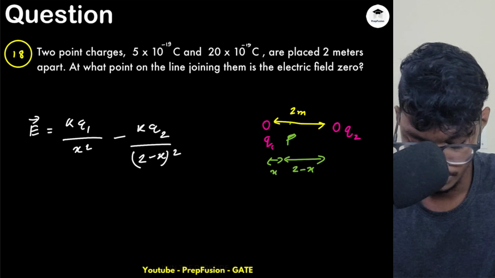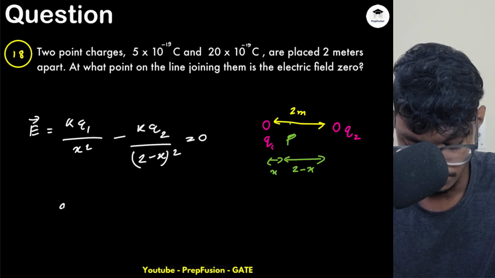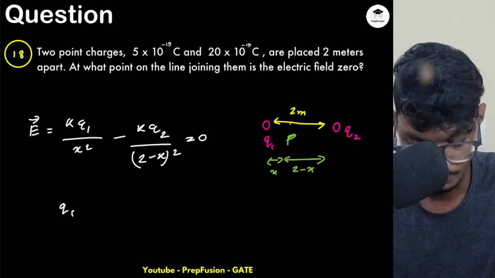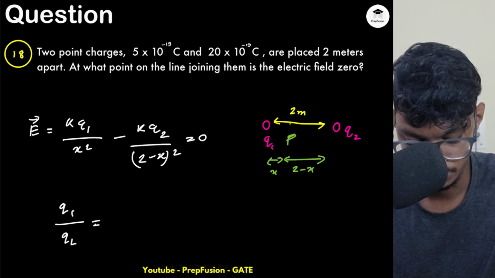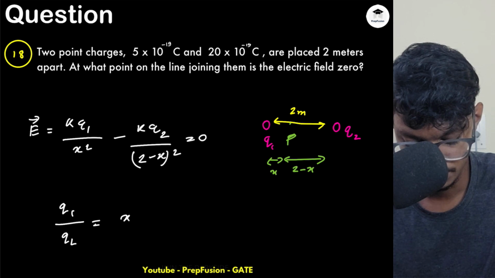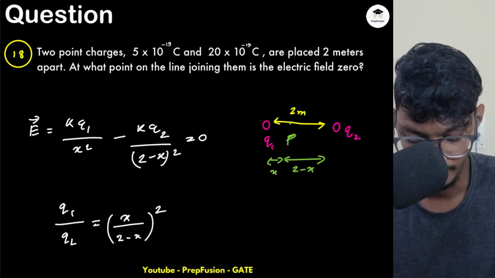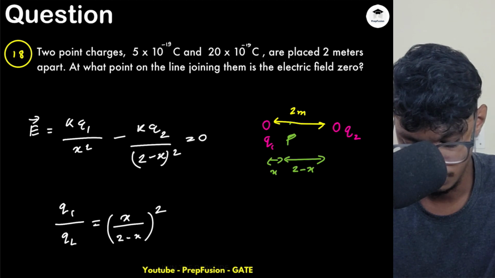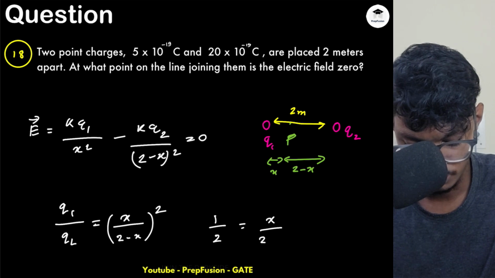Now this has to be 0, right? Electric field has to be 0. So k will get cancelled. q1 by q2 equals x by 2 minus x whole square. If I take the square root, q1 is 5 and q2 is 20, so this will be 1 by 4. Taking the square root, this will be 1 by 2 equals x by 2 minus x.